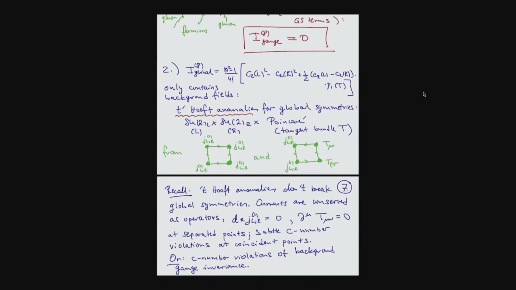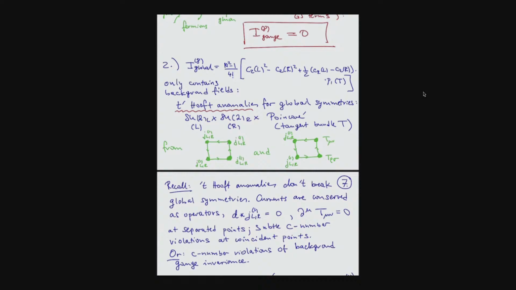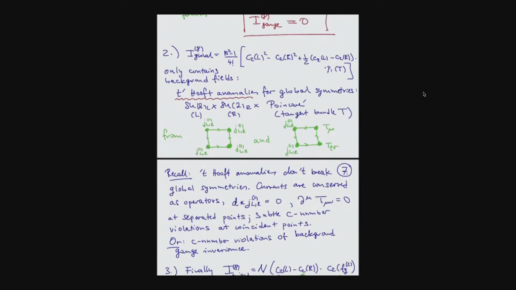And these non-vanishing anomaly diagrams tell you that there are some interesting anomalies associated to these global symmetries, but they don't break the global symmetries. Okay? The currents themselves are conserved as operators. If you study the conservation equation of the global symmetry currents inside correlation functions, you will not find any violations at separated points.